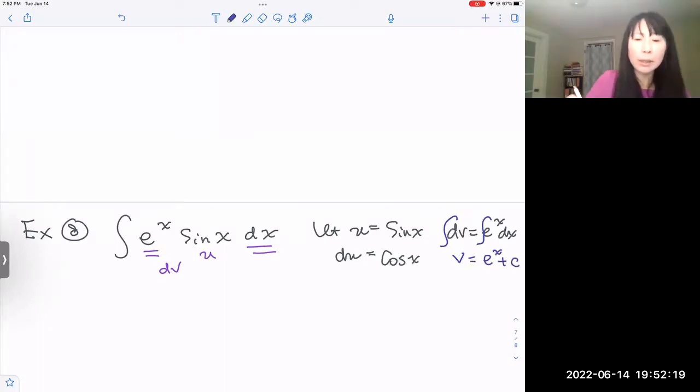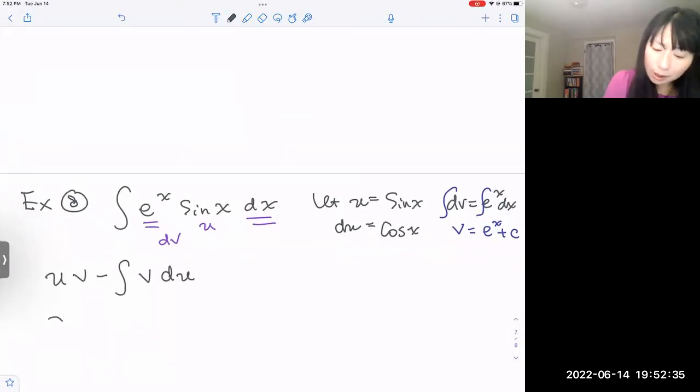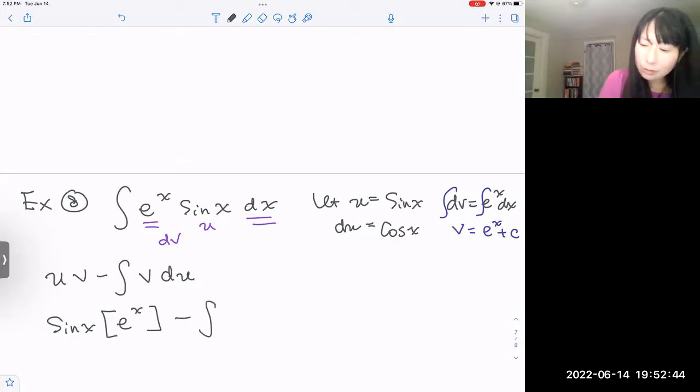Now we use uv minus integral of v du. U, which is sine x, v, which is e to the x, minus integral of v, which is e to the x, du, which is cosine x.